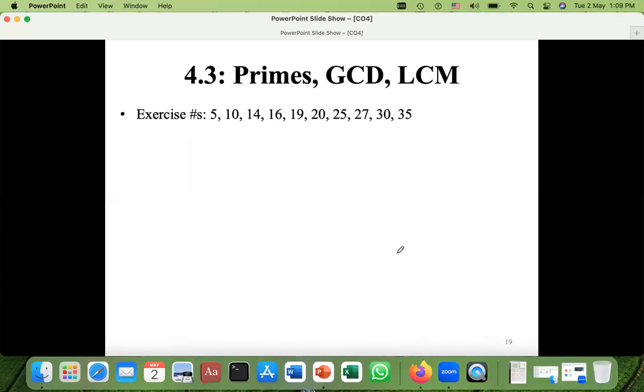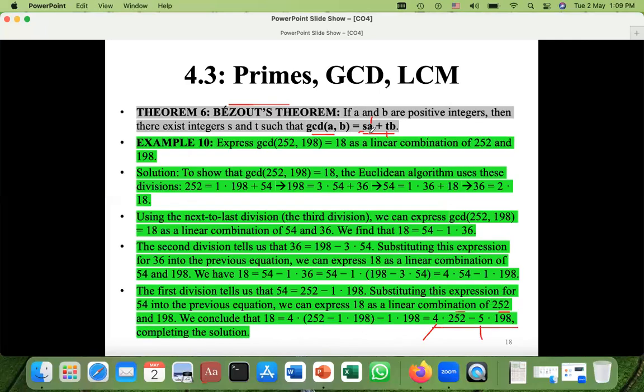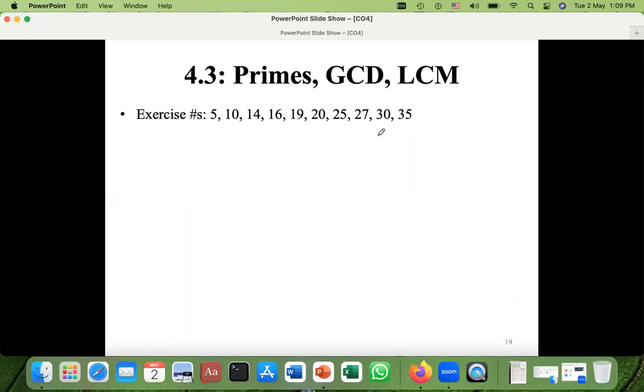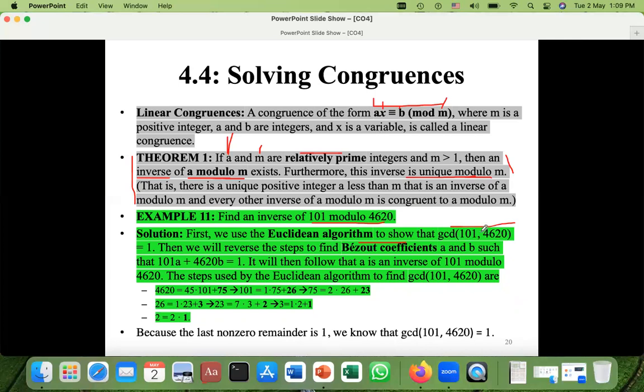For finding the Bezout coefficients, this is the equation. You have to convert your given information, where one number is 101 and the other is 4620, so that 101 multiplied by some s plus 4620 multiplied by t should be equal to 1.